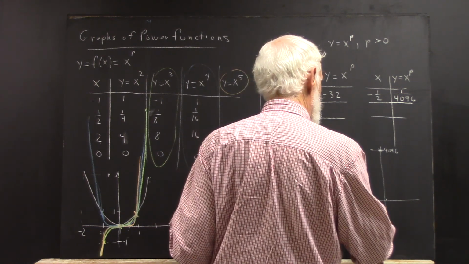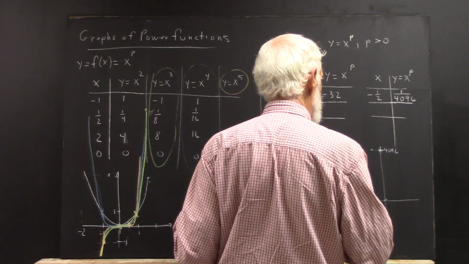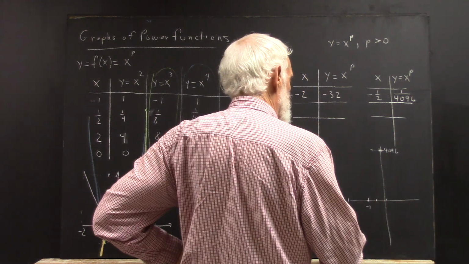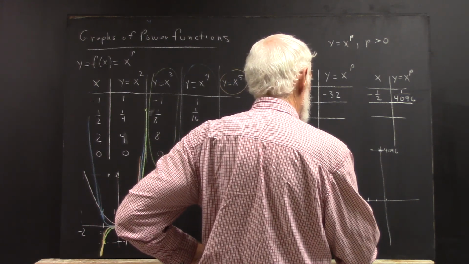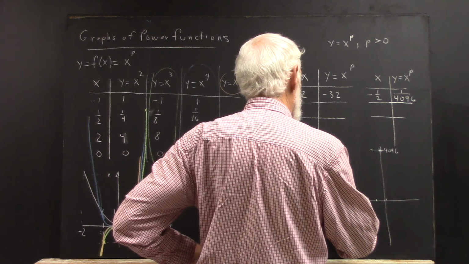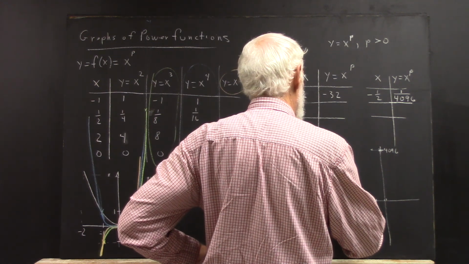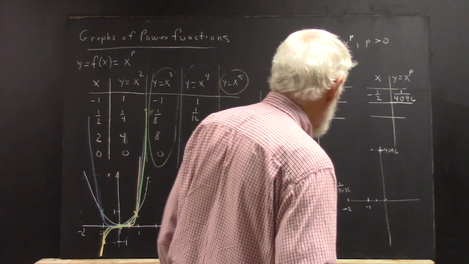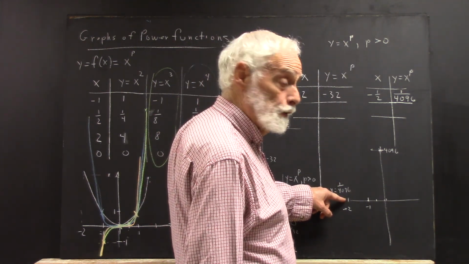But it's going to come down here at negative 1, almost to 0. And then when you get out to negative 2, y is going to be 1 over 4,096. I didn't explain that. I started with my conclusion. Okay. Y is 1 over 4,096 when x is negative 2.